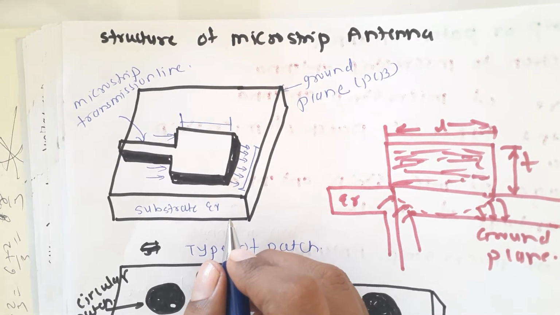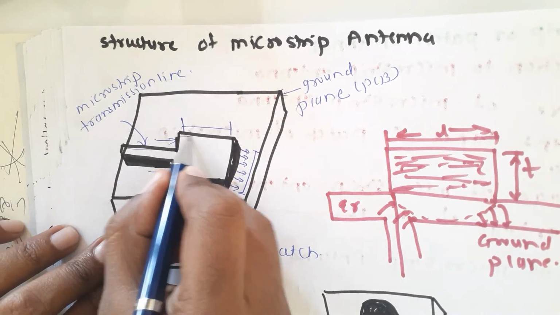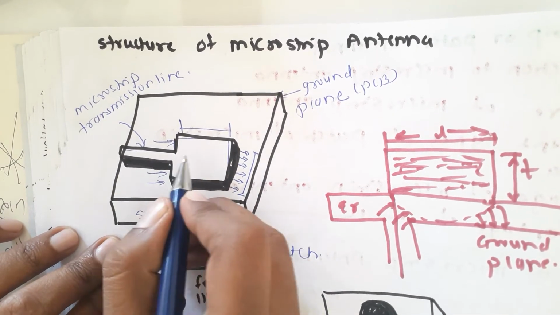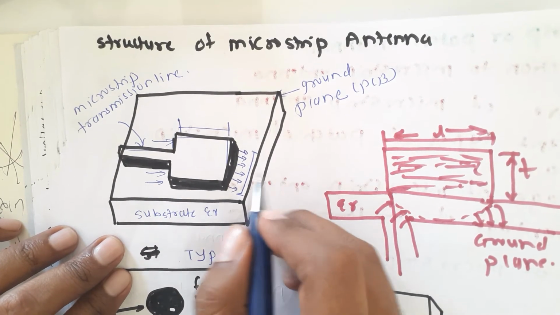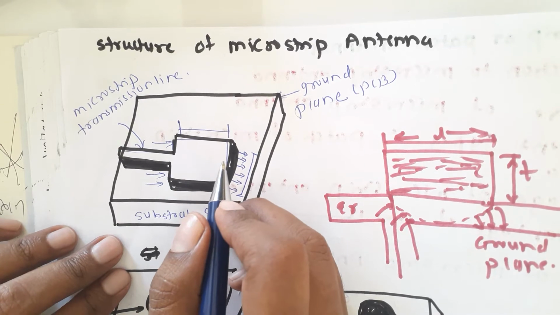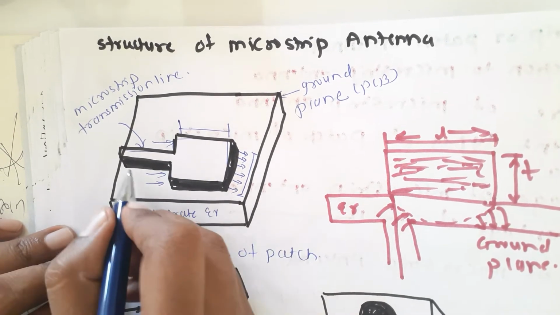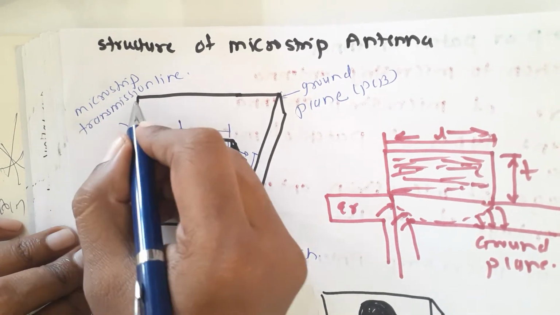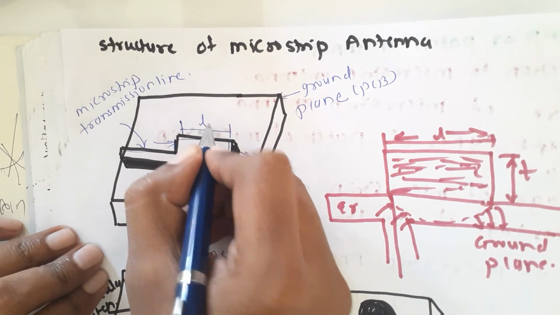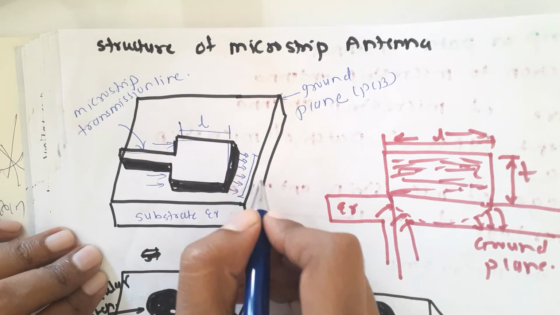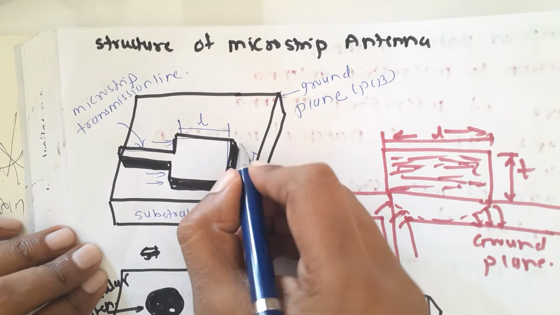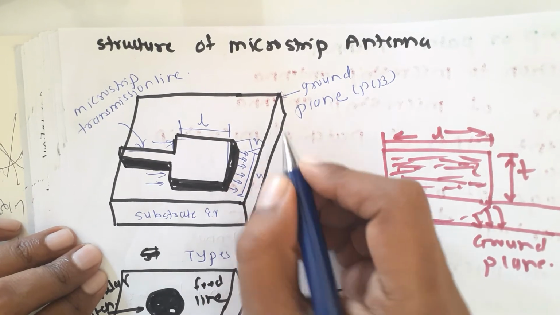So this type of particular patch is there. This patch looks like a square. So here we will see this is a square type of patch or square type of microstrip antenna, and here a microstrip transmission line will be connected. Then the length of the patch will be L. Here this W is for the radiation. Then this is the height of the patch.